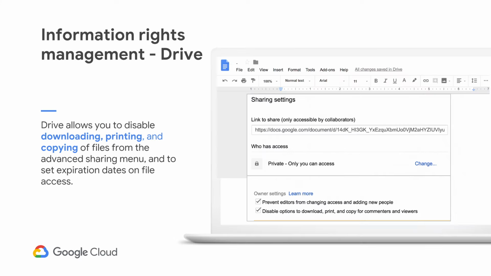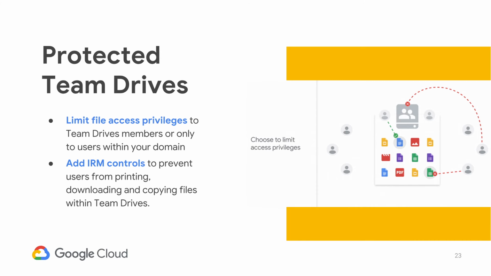Information rights management is the next good example. We have it available both for admins within the admin console and for users. What it means is that the admins can limit file access privileges. For example, you may want to restrict certain sensitive files to make sure that they can only be shared within the domain.